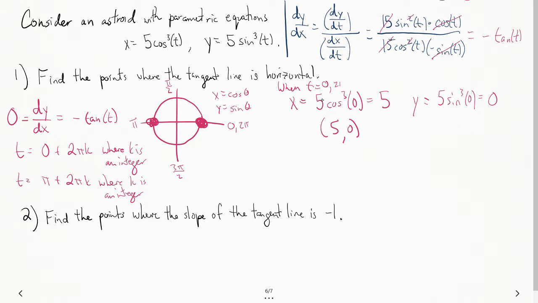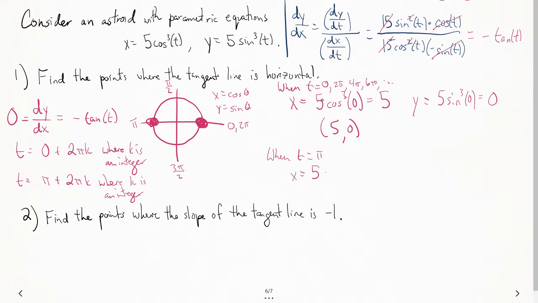But notice this is sine and cosine. That should be the same value for 2 pi, for 4 pi, for 6 pi, and all those multiples of 2, some even number times pi. And so the other one, when t equals pi, let's see what happens.